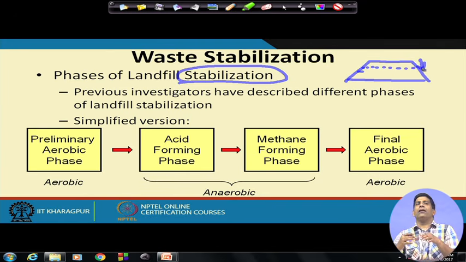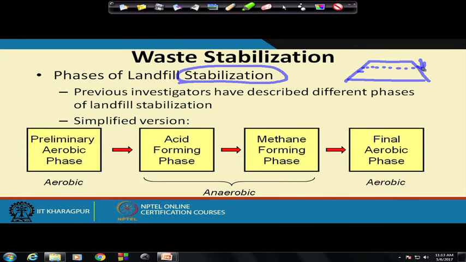Because the gas is escaping, water is escaping, and the mass is coming down, so the volume of garbage inside the landfill is coming down. The level of waste goes down, and at some point there is no more decrease in the level of garbage. That's called stabilized.